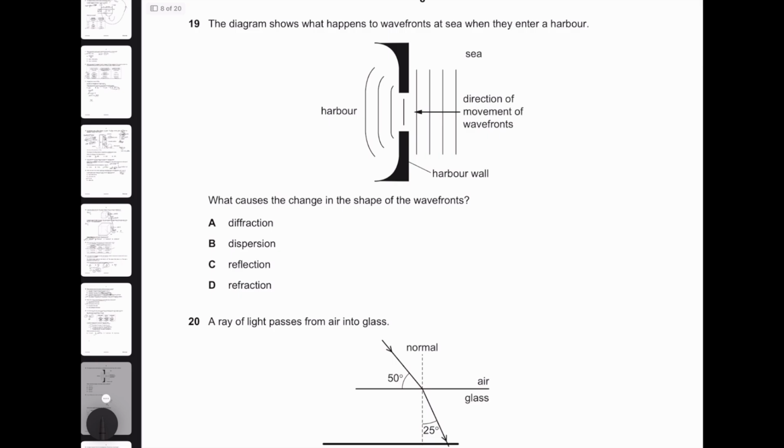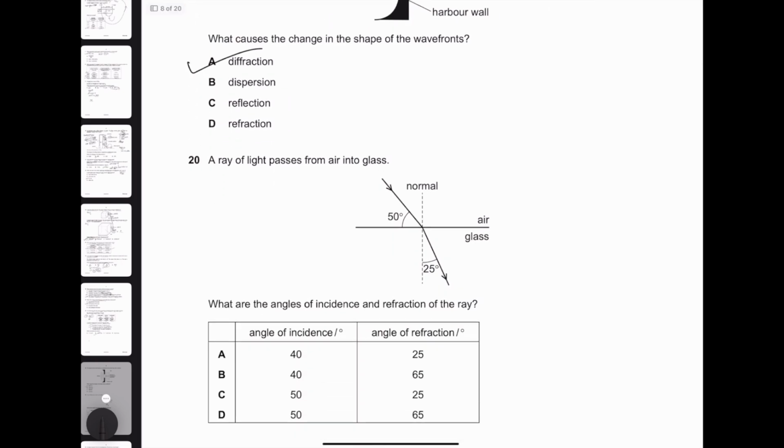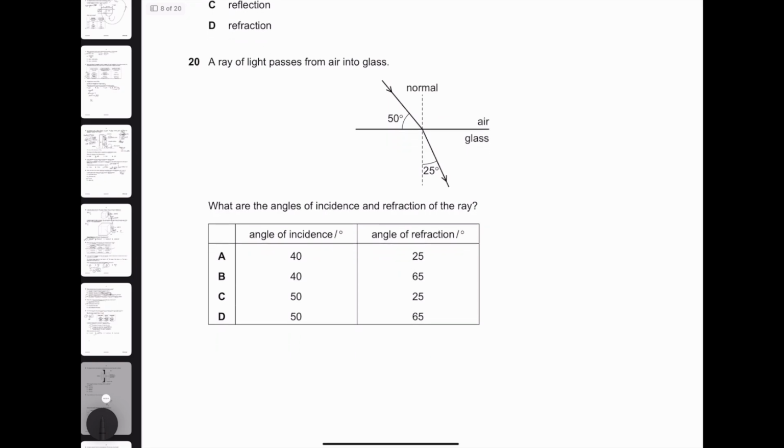Question 19. Which effect is this? This is diffraction. Now, question number 20. What are the angles of incidence and refraction of the ray? Oh, this is a very simple question. Angle is given 50, angle is given 25. So I'll pick 50 and 25. That's it. This is my correct answer. It's not. We measure the angle of incidence with respect to the normal.